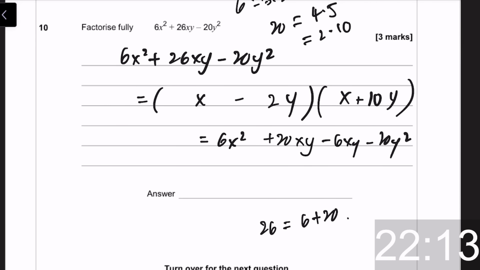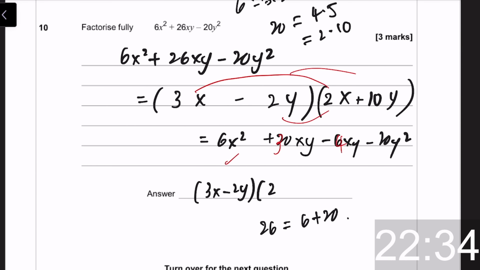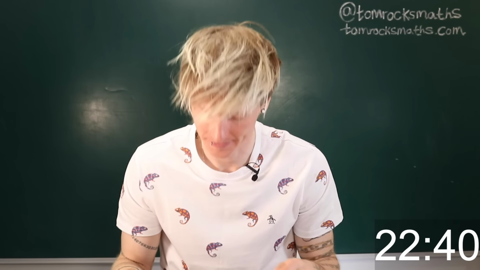Basically trial and error, but we got there. Okay, so we need 3 and 2. Right, let's check. 6x squared, yep. Plus 30xy minus 4xy minus 20y squared. Great. Okay, so the answer is 3x minus 2y times 2x plus 10y. Woo! 3 marks. Very harsh for 3 marks.